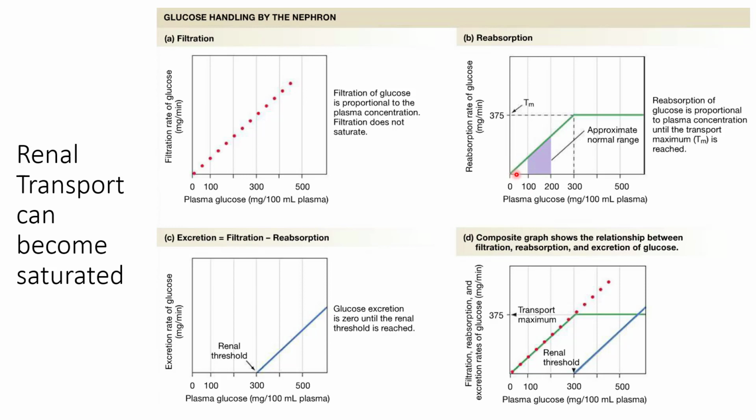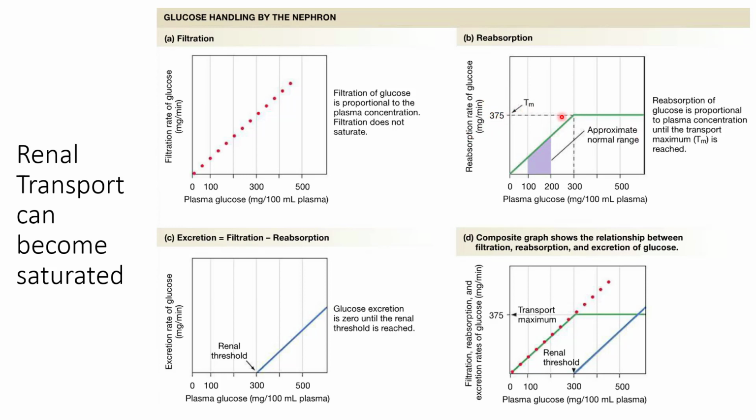What we see is that we're able to reabsorb it until we hit our transport maximum. So at roughly 300 milligrams per 100 milliliter plasma, all of those transporters, our secondary or sodium glucose transporters and the GLUT transporters, are being utilized, and so at this point we're not able to reabsorb any more of our glucose. We're always going to get about 375 milligrams per minute.